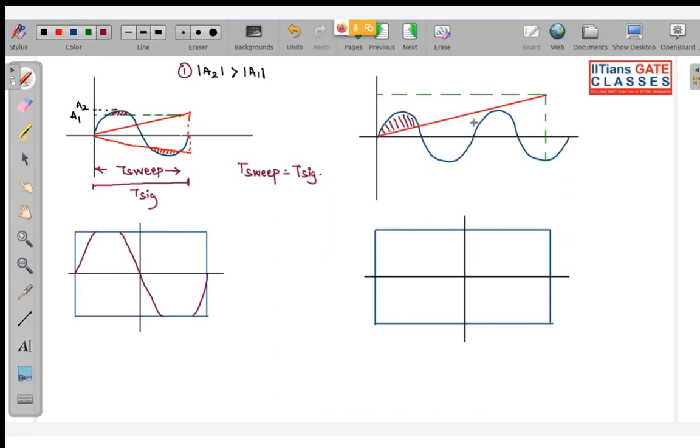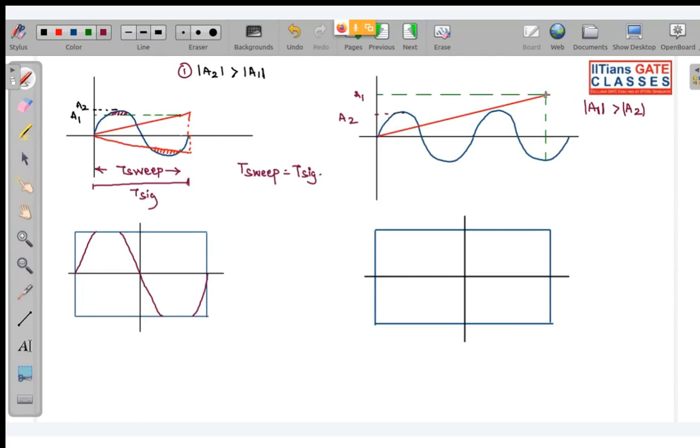No, this is not going to be eliminated. Why? Because last time I took this as A1 and let this be A2. You can see that the magnitude of A1 is greater than the magnitude of A2. That means the amplitude of the signal is not going to be clipped anywhere.